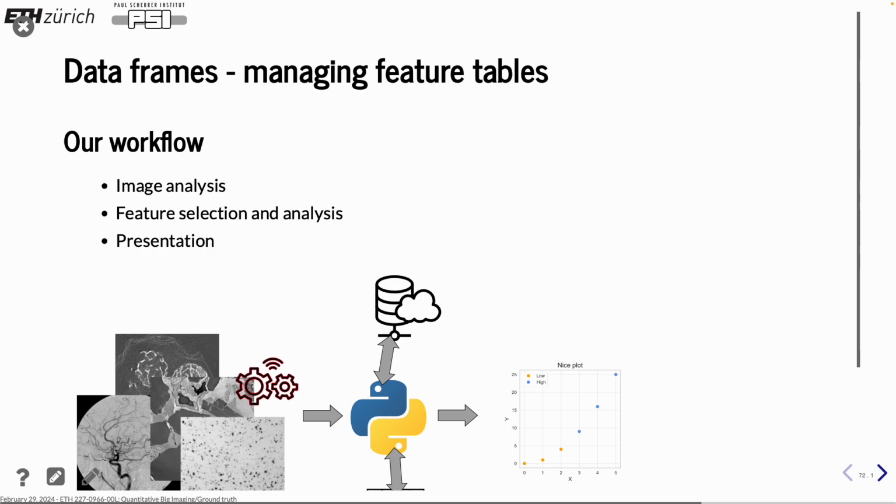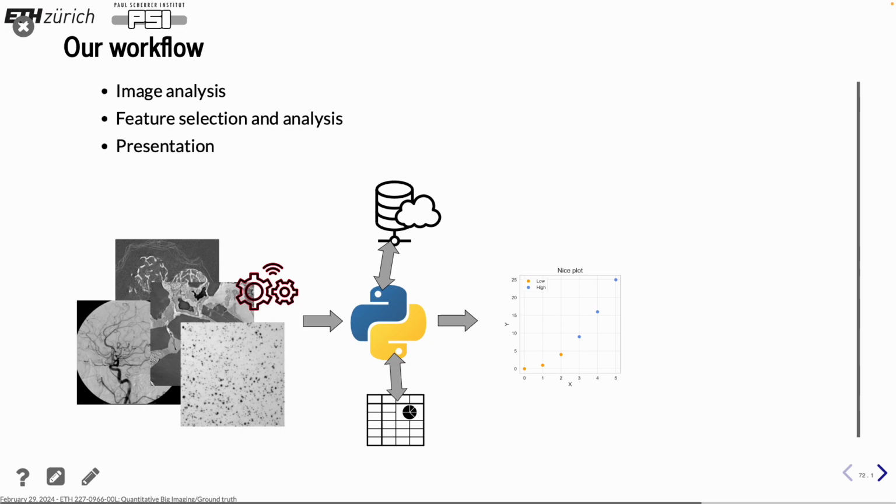So, the last part for today is about data frames. This is a tool that is used a lot to handle data in different analyses. A lot of the workflow is that we need to have some image analysis, then we extract and select different features, and finally want to present the data. Typically, we have some input data, which is processed, doing some Python scripting or something else.